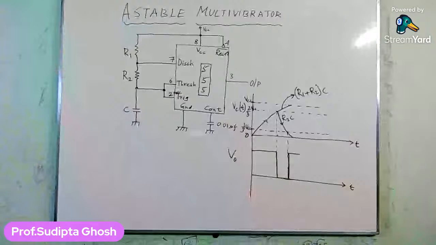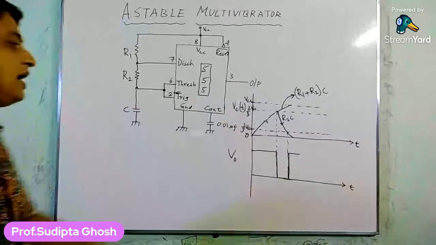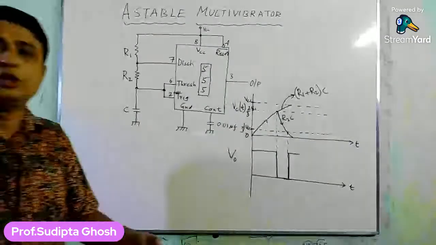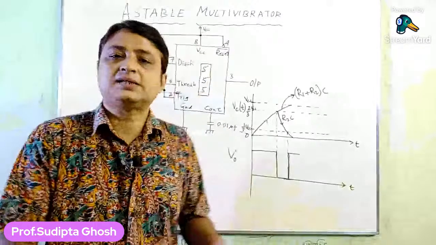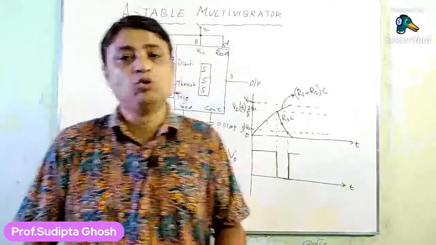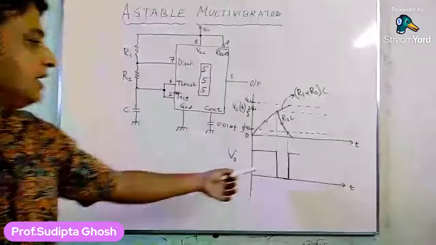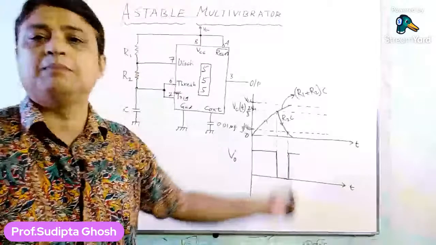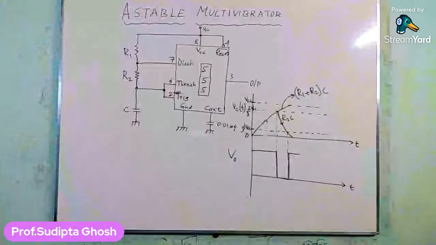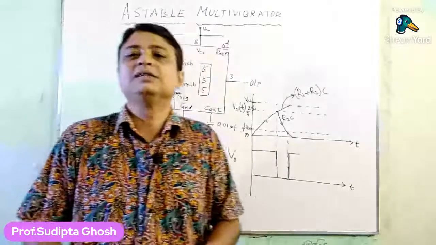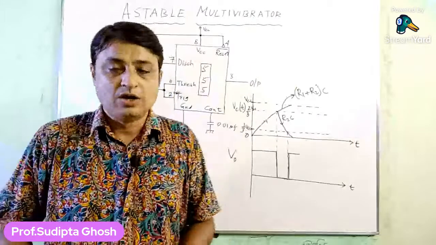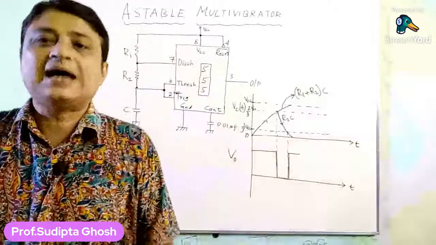As the output of the circuit, that is the 555 timer, goes high, it will make the value of Q bar go low, and as this Q bar is connected internally to the discharge transistor Q1, the transistor Q1 will be in cutoff state.